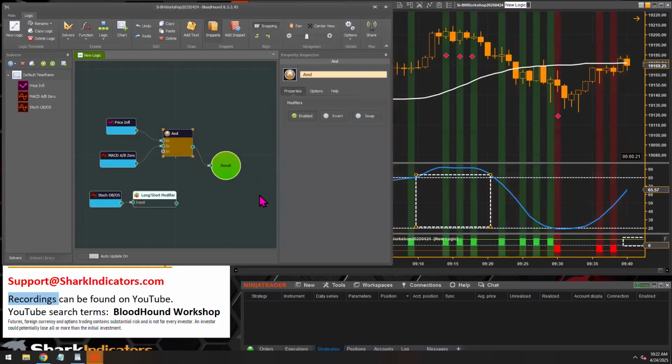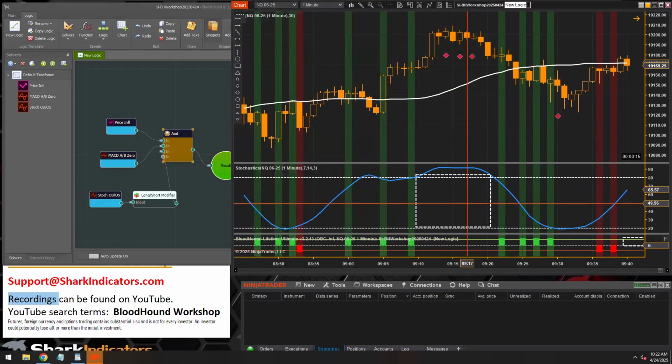So let's connect that in and connect that up like so. And there we go. Our three long signals disappeared, and our short signal disappeared there.